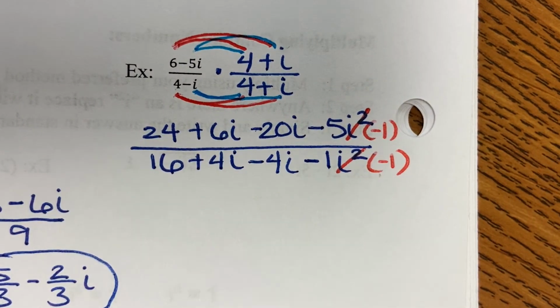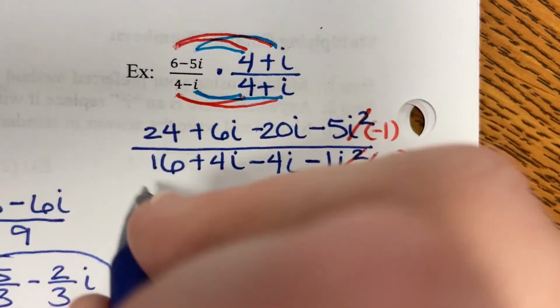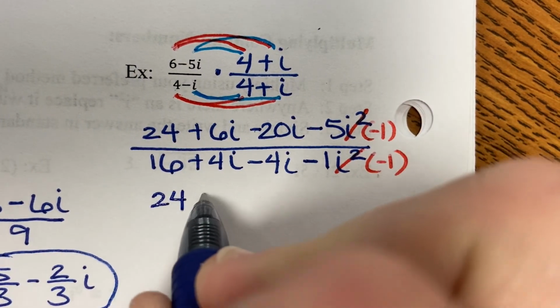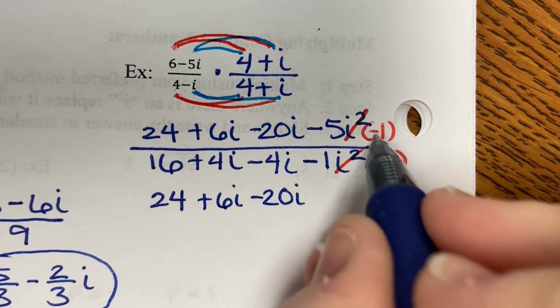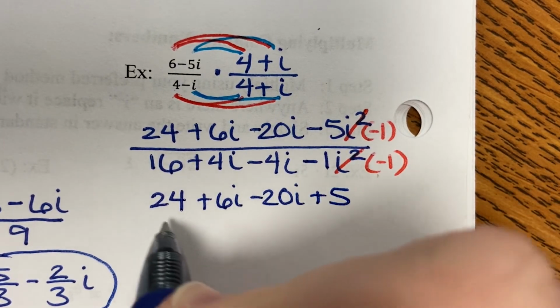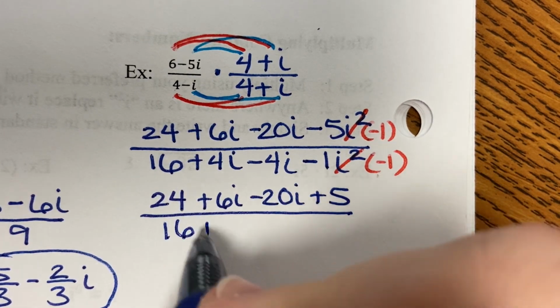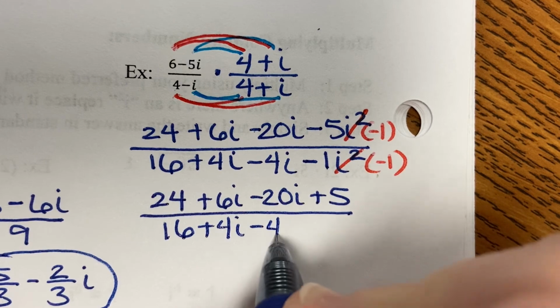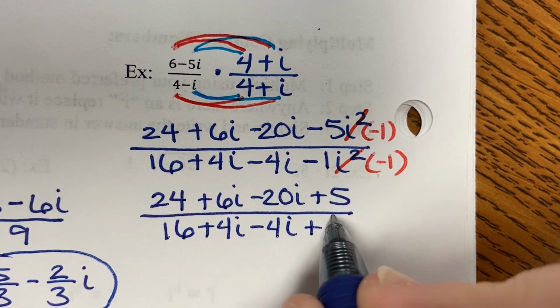All right. And now I'm going to go ahead and say, okay, I'm going to end up with 24 plus 6i minus 20i. A negative times a negative makes that a positive 5 over 16 plus 4i minus 4i. And a -1 times a -1 makes that a positive 1.